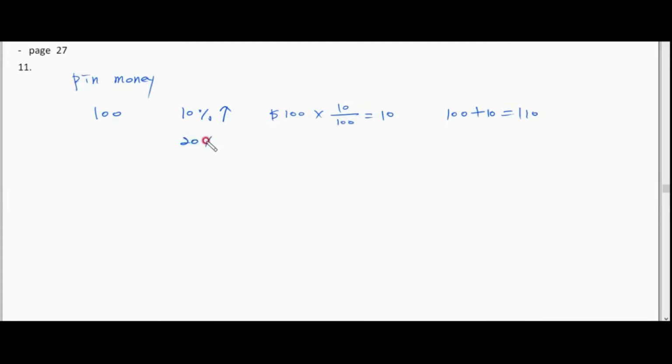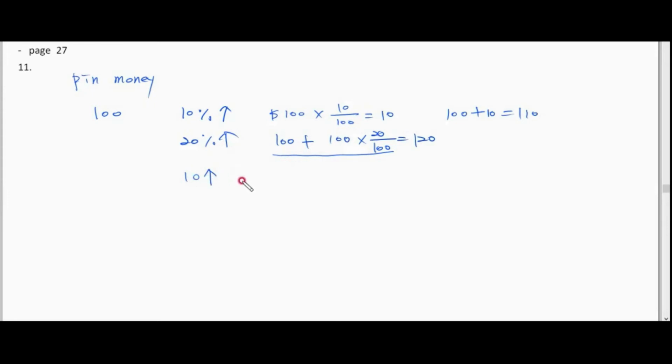Maybe this time it's increased by 20%. Then it'll be 100 plus 100 multiplied by 0.2, or 20 over 100, so this equals 120.